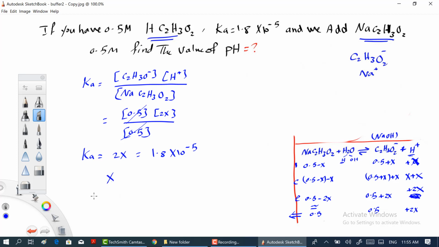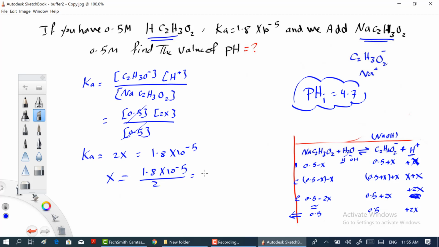So the value of x calculated from the first step, pH1 or pH initial, was 4.7. Okay? x equals 1.8 times 10 power negative 5 over 2, which is 9 times 10 power negative 6.